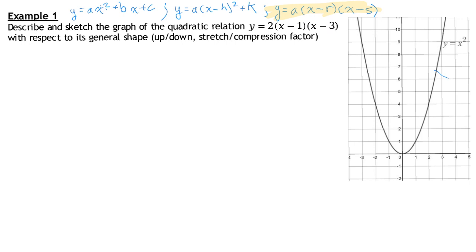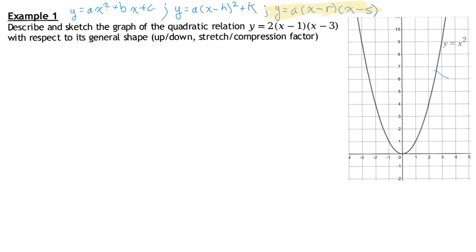So this next problem asks you to describe the quadratic relation with respect to its general shape, whether it's up, down, a stretch or compression, or whatever. All of the a values in each of these equations tell us whether our graph opens up or opens down.